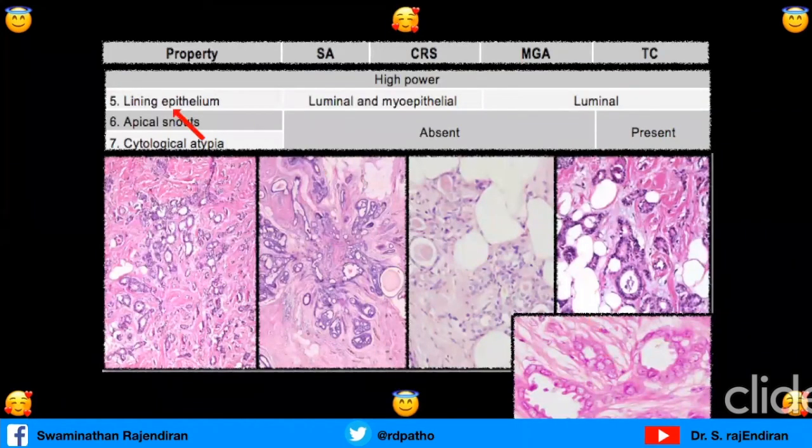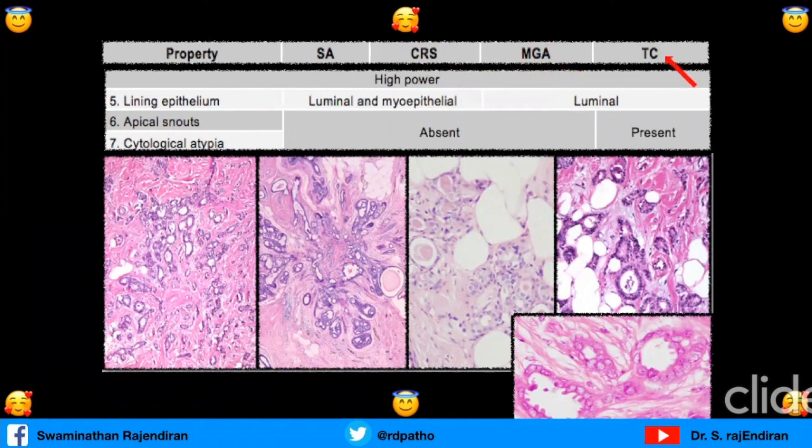Coming to the high power, in the lining epithelium you see both luminal and myoepithelial cells in sclerosing adenosis and complex radial scar. I'm using the terminology complex radial scar, but remember it is now known as complex sclerosing lesion. Wherever it is CRS, you have to say complex sclerosing lesion, CSL, now.